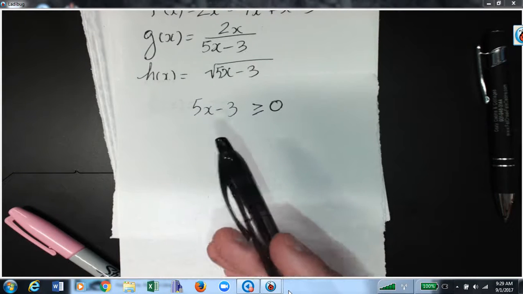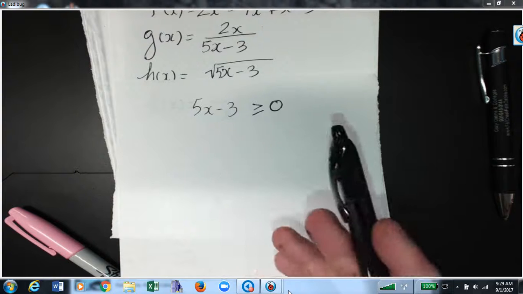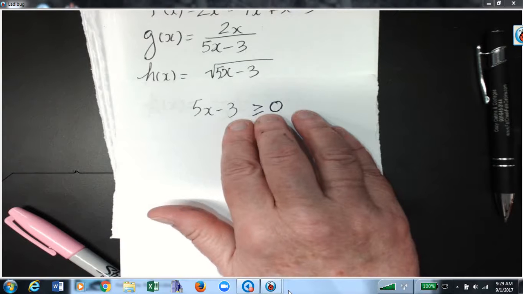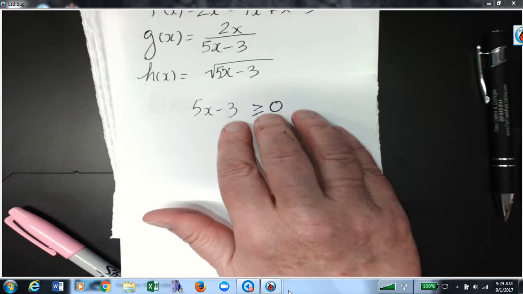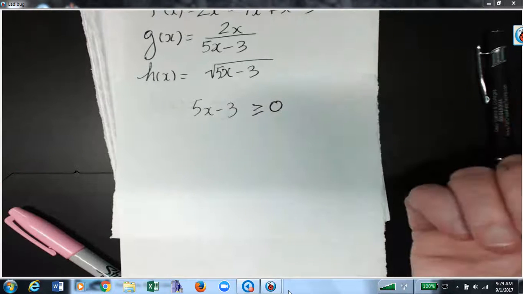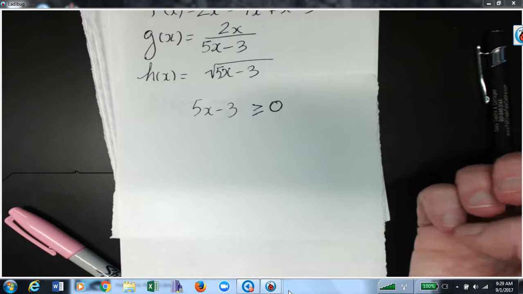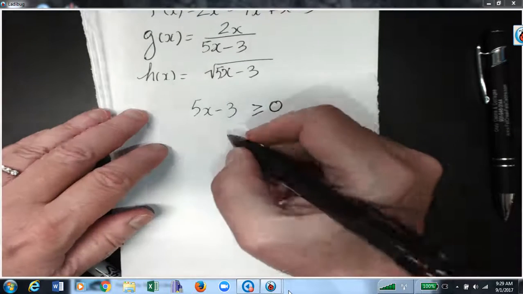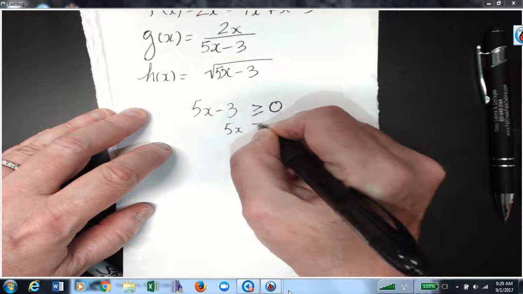So I need to get x by itself. And so to get x by itself, the first thing I would do would be to add 3 to both sides. Would adding the same thing to both sides change the direction of the arrow? No. Would subtracting the same thing from both sides change the direction of the arrow? No. So if I add 3 to both sides, that does not change the direction of the arrow.